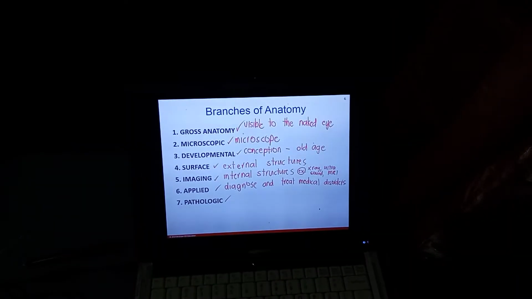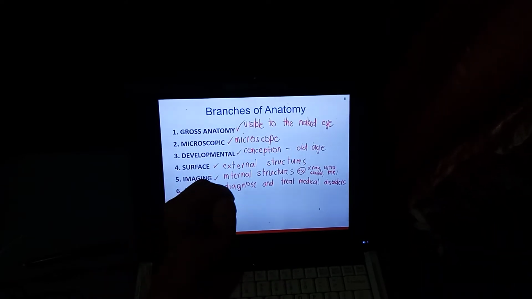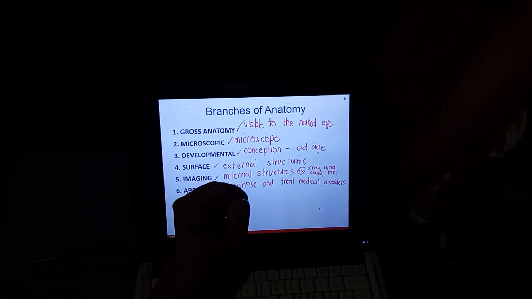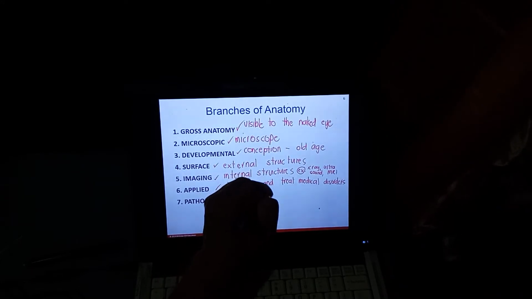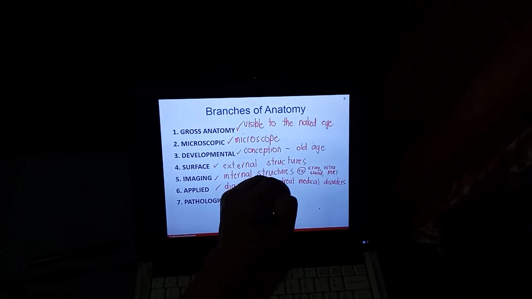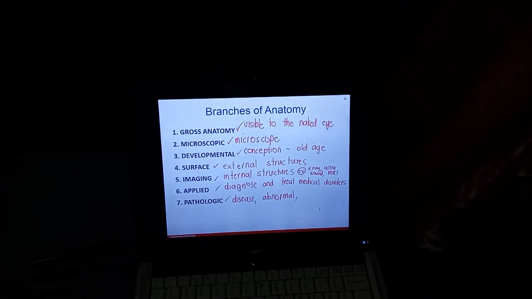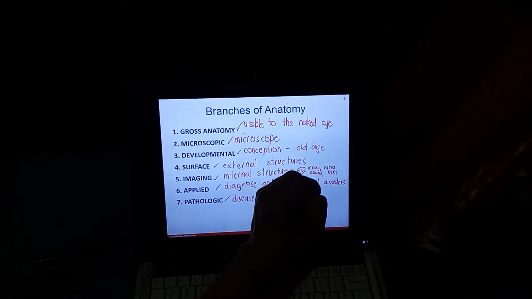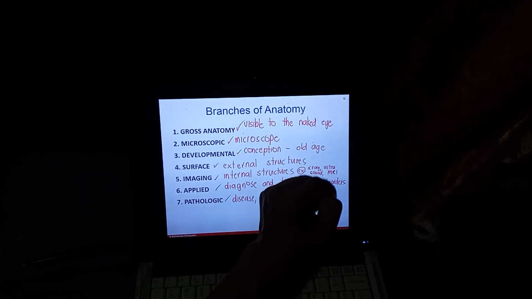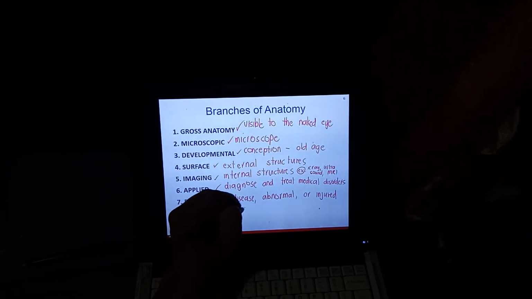And the last one, your pathologic. It is the study of disease itself, of abnormal or injured tissues.